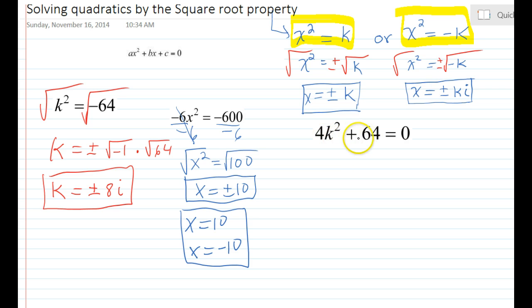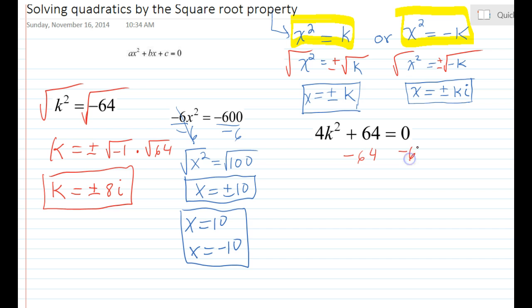See how everything's on one side and becomes a 0, just like the way the standard form is. In order to use this property, the x has to be by itself. So I have to move everything to the other side of the equation, and then I can take the square root. And that's what I'm going to do. So lo primero que vamos a hacer es restar 64.